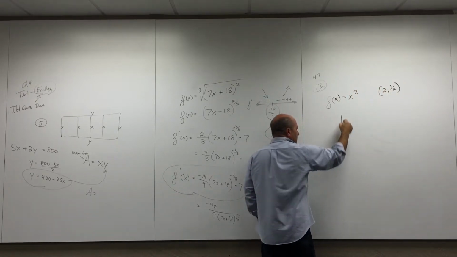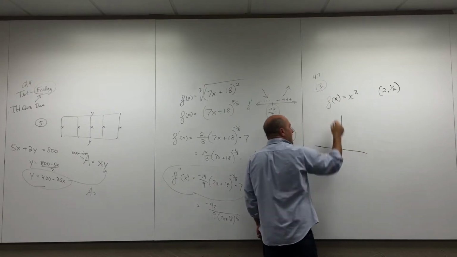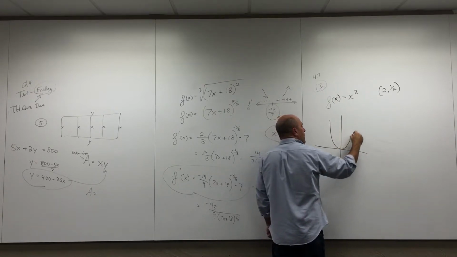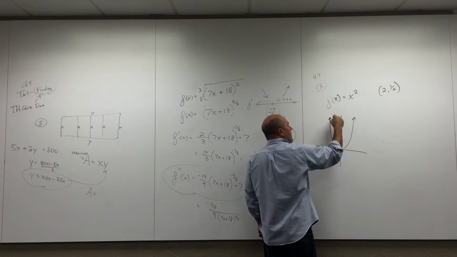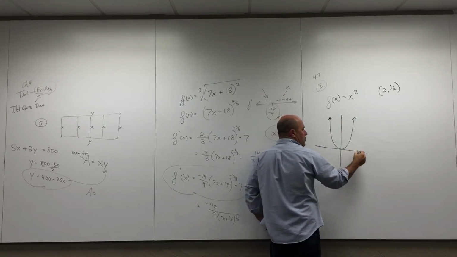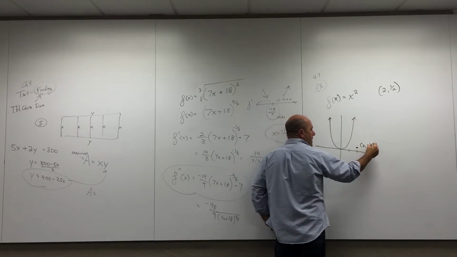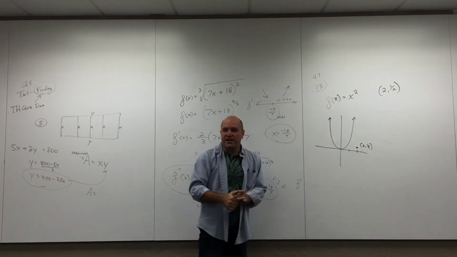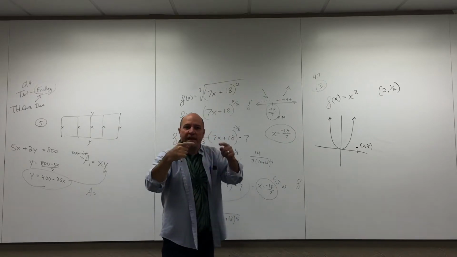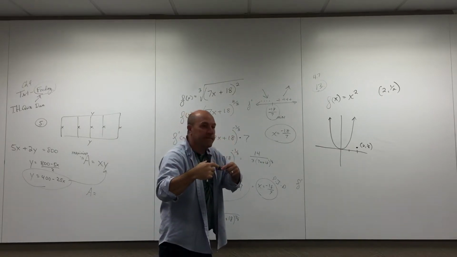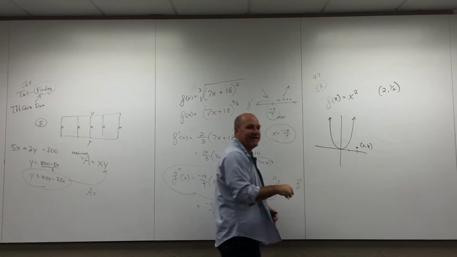I'm going to draw a picture of this. This function is the parabola we all know, and then they gave me this point, (2, 1/2). So the question is, find the point on the parabola that's closest to this point.